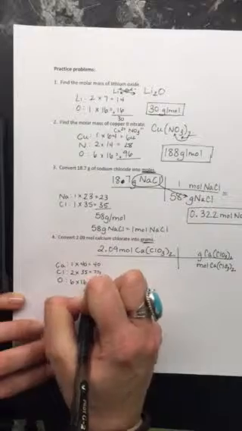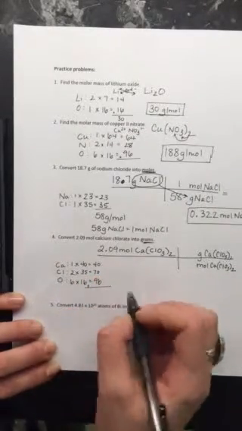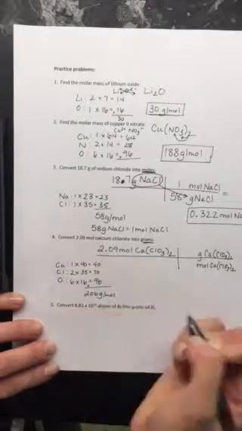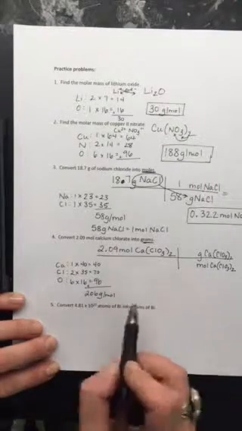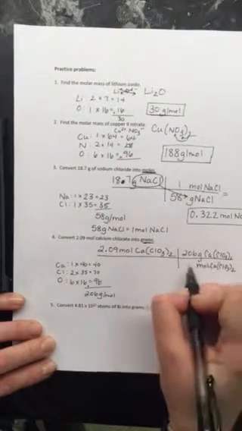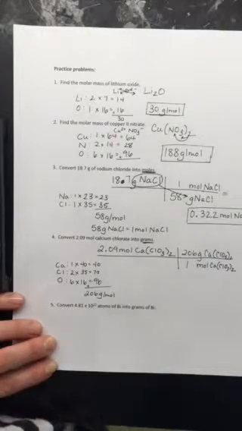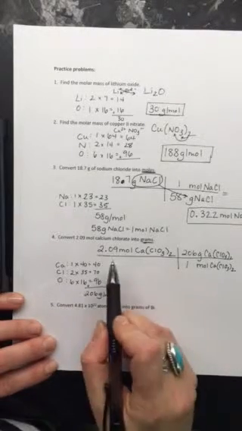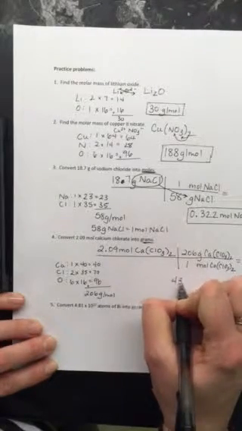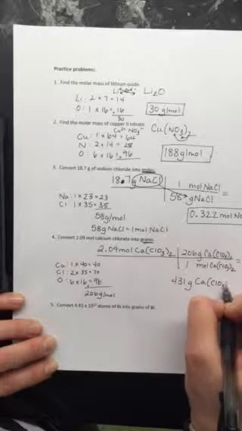And oxygen is 16, which gives us 96. Bringing our total to 206 grams per mole. So I can plug this in now. 206 grams for every 1 mole of calcium chlorate. We multiply those two together. 2.09 times 206 is going to give us 431 grams of calcium chlorate.